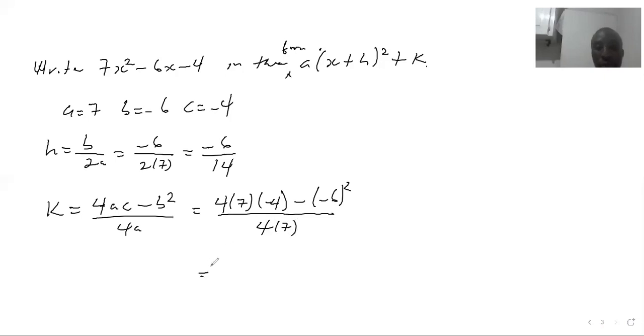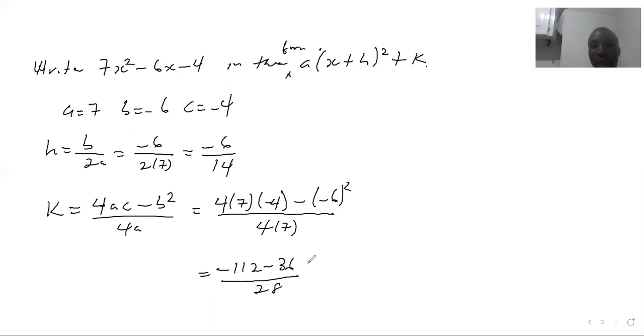So I'll take my calculator and work out everything here. When I take it out, I'm going to get 4 times 7 times -4. I get -112. So this will give me -112 minus 36 all over 28.